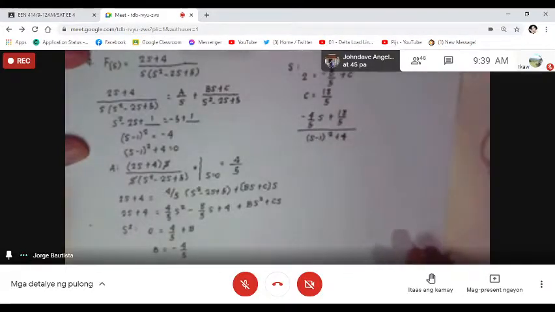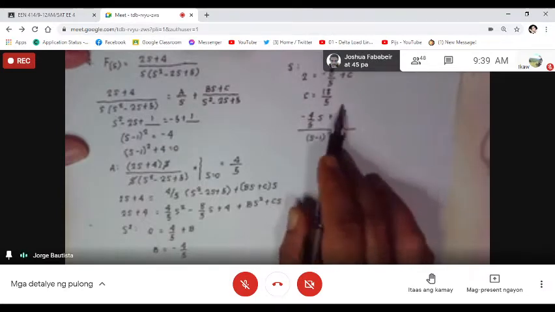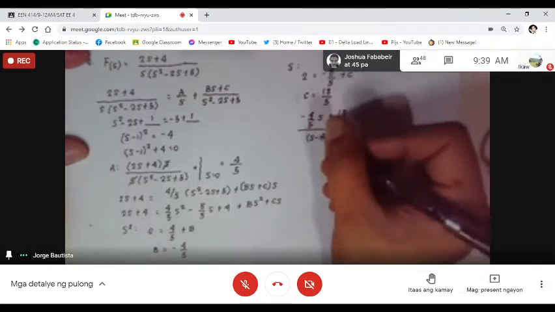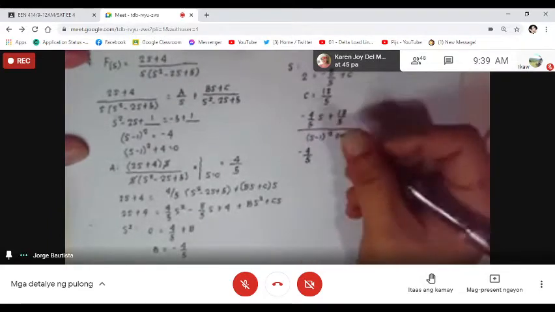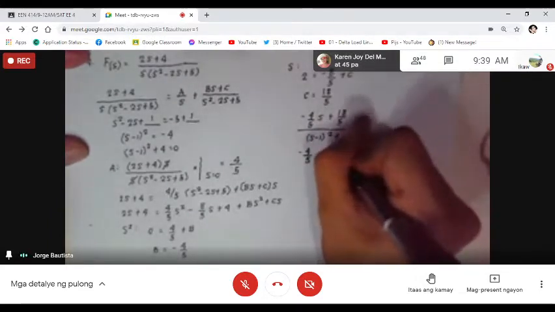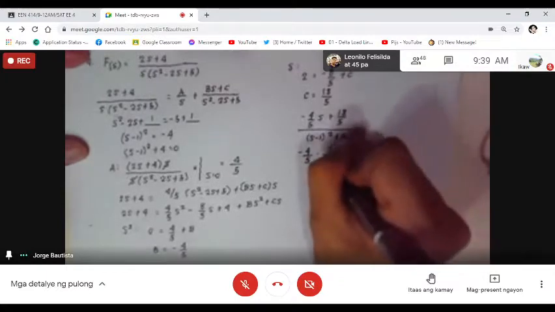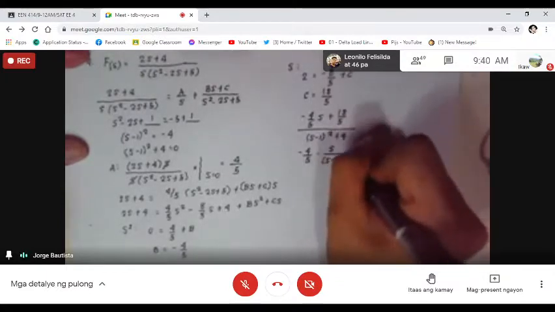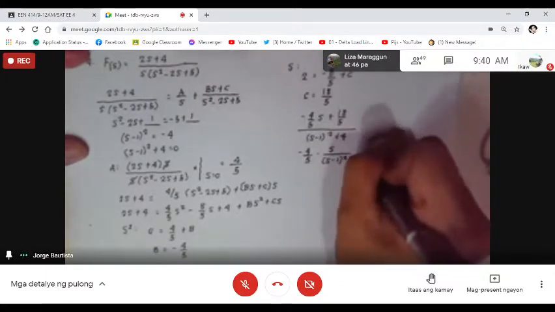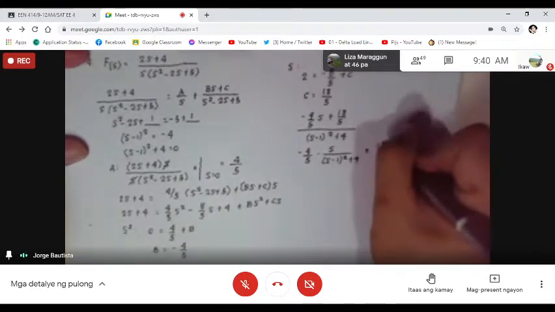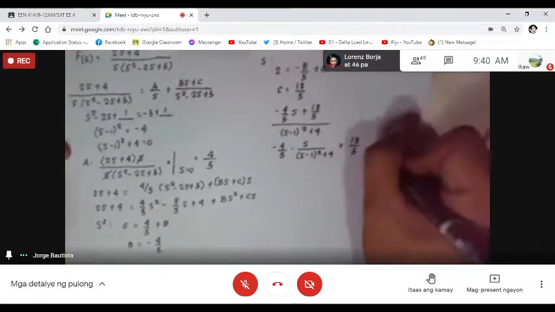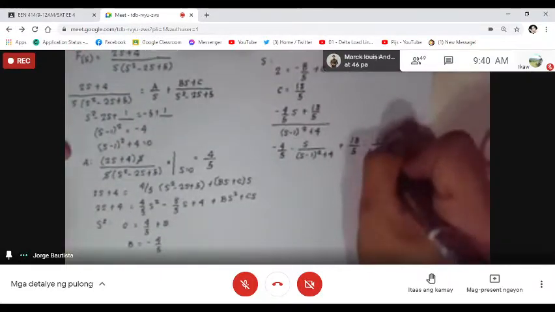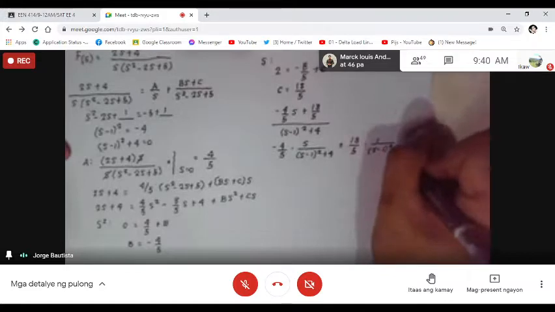Then you have to separate them: negative 4 over 5 multiplied by s all over (s minus 1) squared plus 4, plus 18 over 5 multiplied by 1 over (s minus 1) squared plus 4.